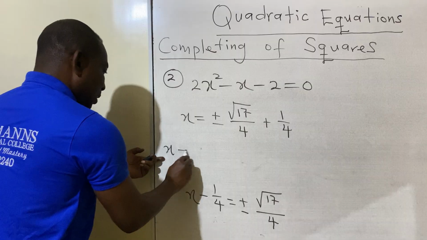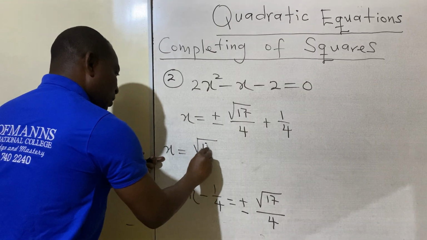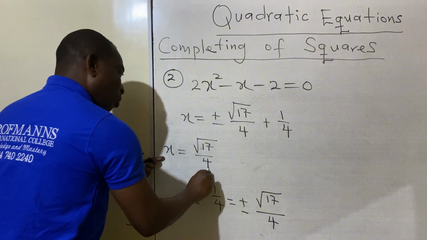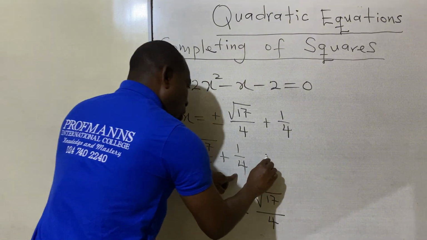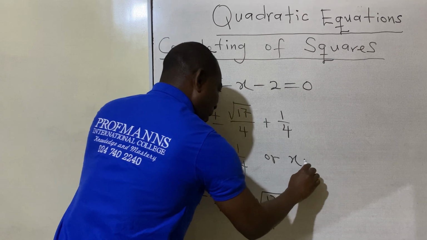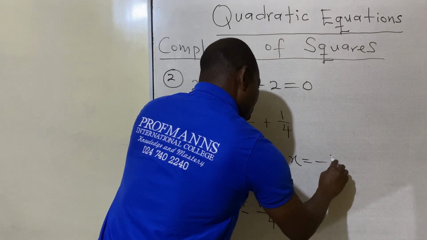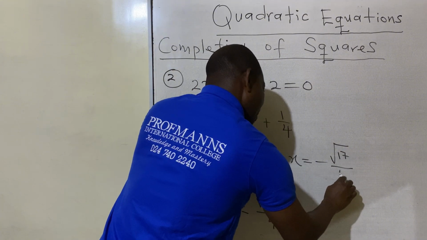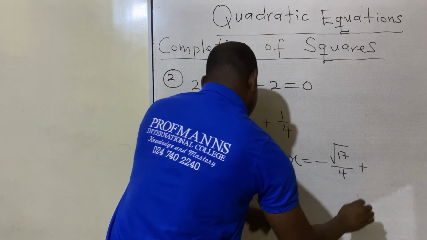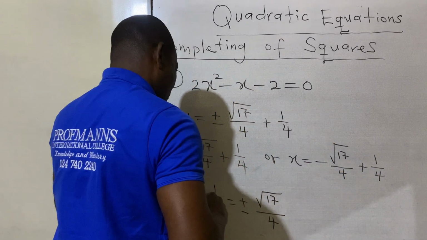So we have x is equal to positive root 17 over 4 plus 1 over 4, or x is equal to minus root of 17 over 4 plus 1 over 4.